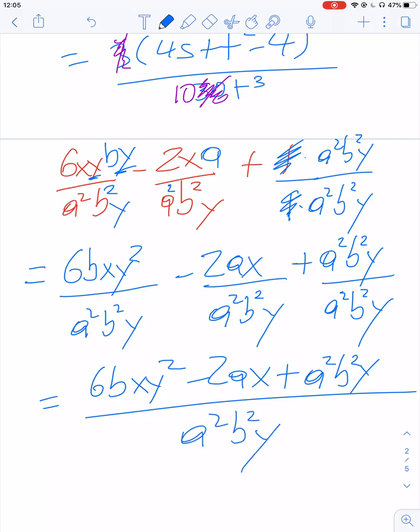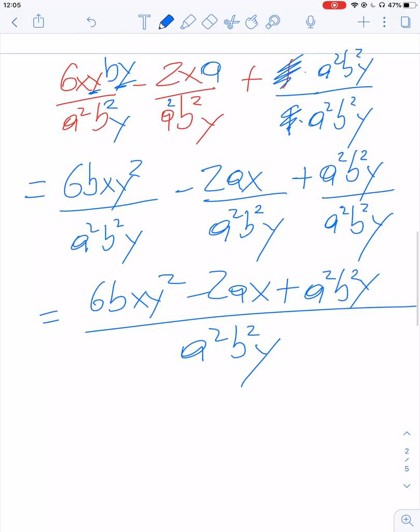Okay, now the question becomes, can I actually factor my numerator? So I have a b over here, I don't have a b. X, no x, y, no y. Yeah, so this would be a final answer because you cannot factor anything in your numerator, okay?